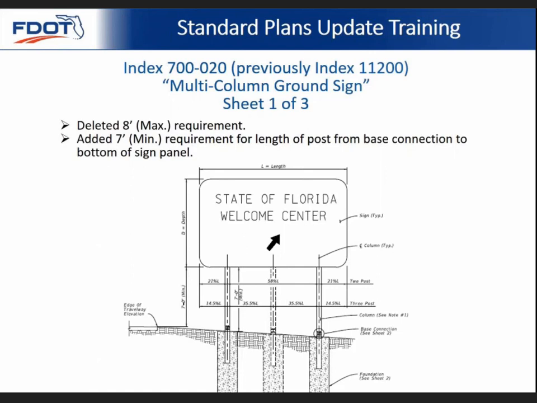So this is something to keep in mind when you're designing your multi-column ground signs, just to ensure that those posts are at least 7 feet from the base connection to the sign panel.